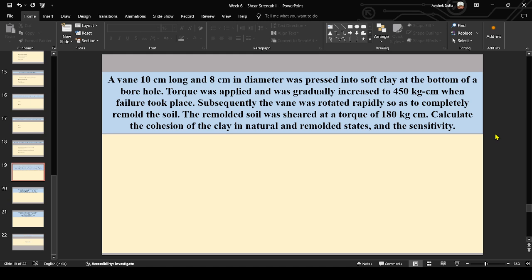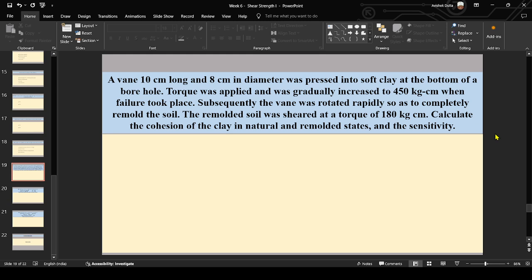A vane 10 centimeter long and 8 centimeter in diameter was pressed into soft clay at the bottom of a borehole. Torque was applied and was gradually increased to 450 kg centimeter when failure took place. Subsequently, the vane was rotated rapidly so as to completely remold the soil. The remolded soil was sheared at a torque of 180 kg centimeter.